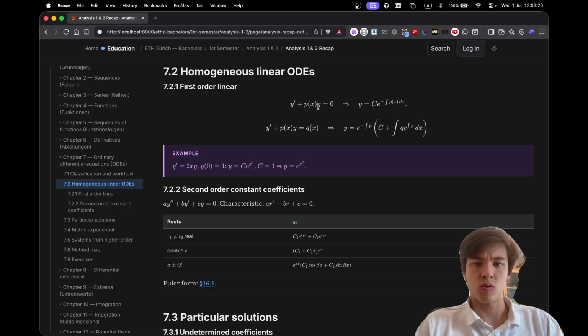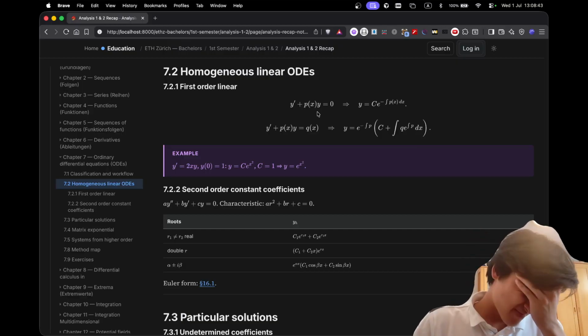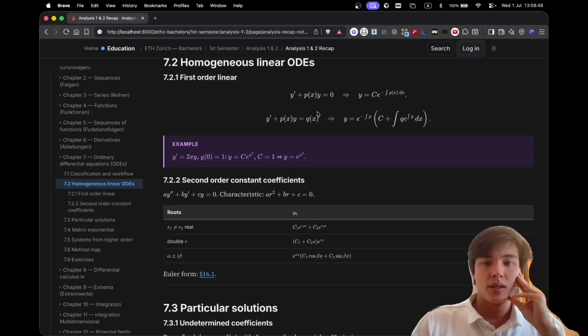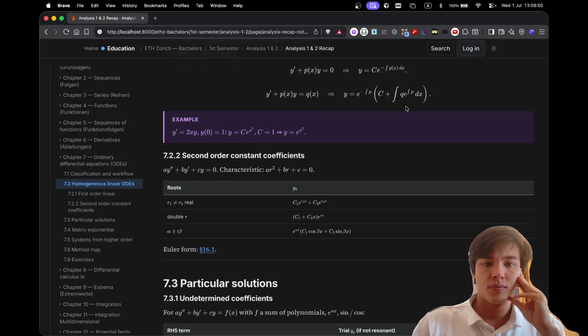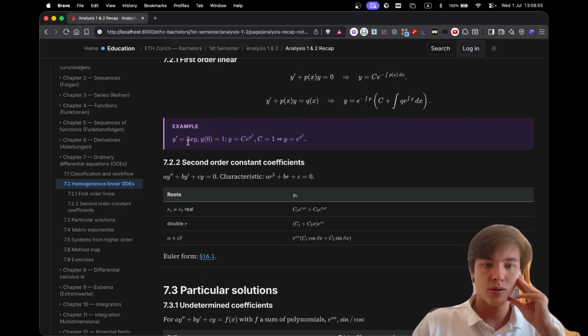Integrating factor times y. As an example, the derivative is 2xy, with boundary conditions.